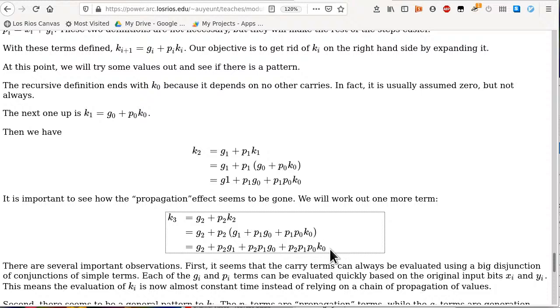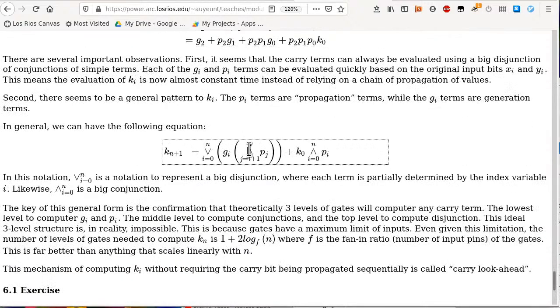And whenever we see a pattern, after all, programming is all about noticing a pattern and using that pattern to create algorithms so that we can solve problems. Once we observe a particular pattern, we make a general expression like this. Now I know this looks really messy, but I'll explain how to understand it so it doesn't look too messy anymore.